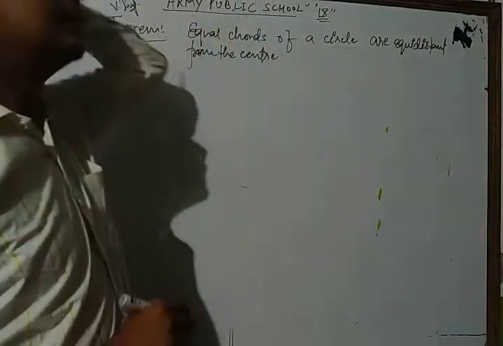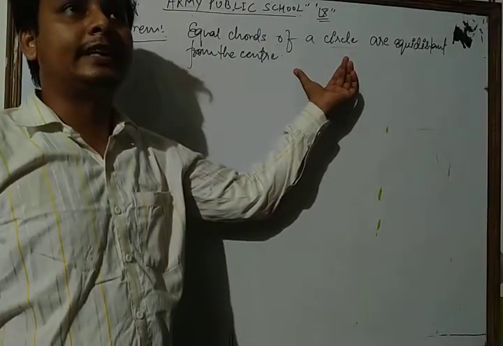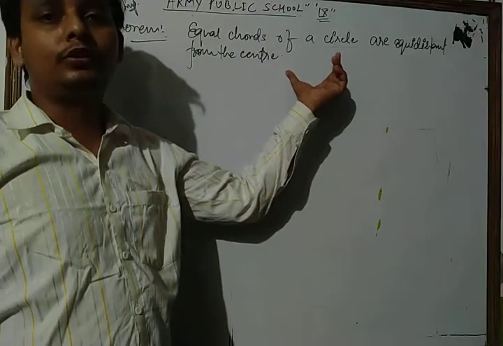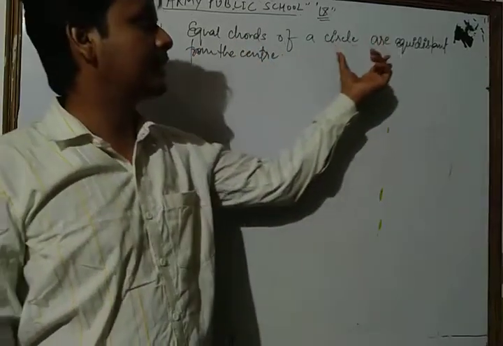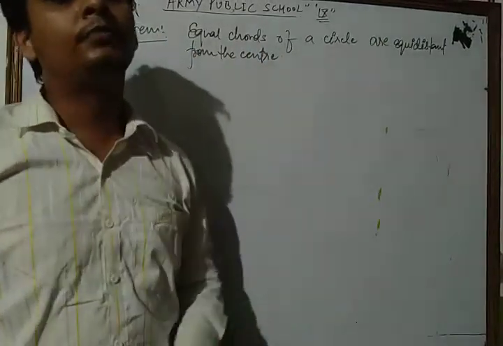So dear students, this is one of the most important theorems of your syllabus. Your theorem is equal chords of a circle are equidistant from the center.